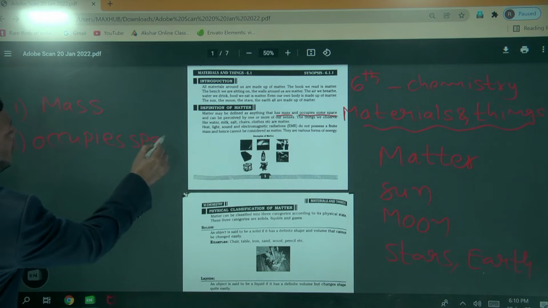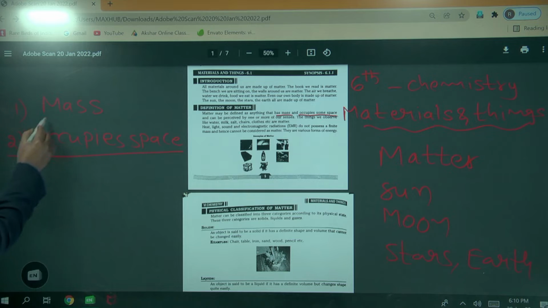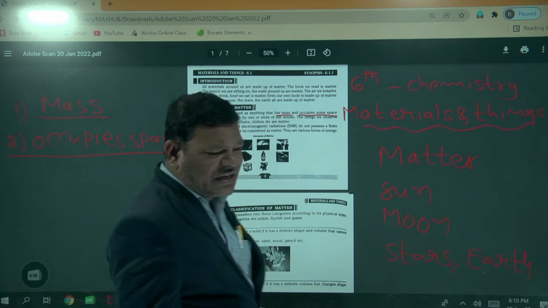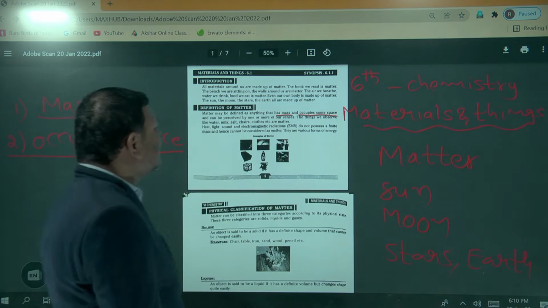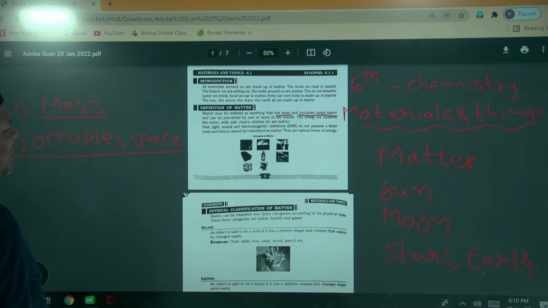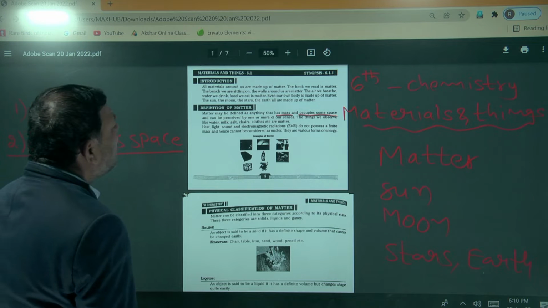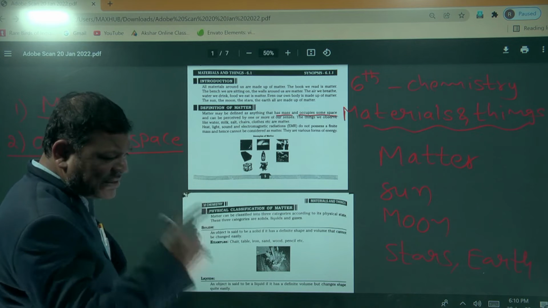Mass is nothing but weight. Matter is something that occupies some space and can be perceived by one or more of our senses.